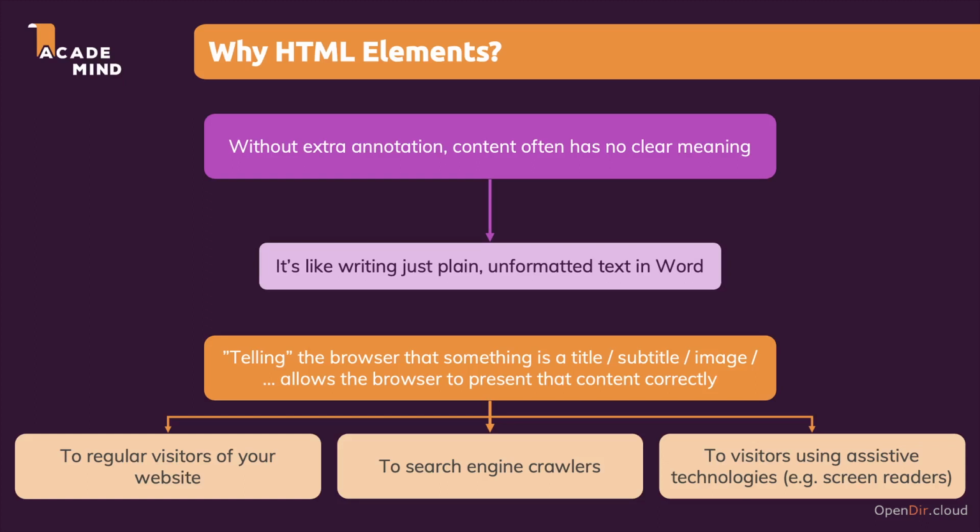And that means that we need to describe our content so that such assistive technology is able to read and present our content correctly. And because of all those different parties that are involved, we need to annotate and describe our content, and HTML is the language that allows us to do that with help of those HTML tags that turn content into meaningful HTML elements.